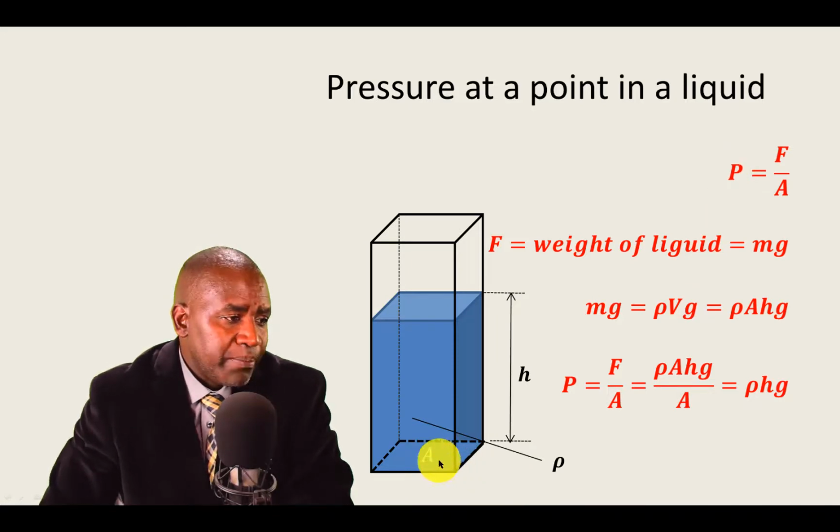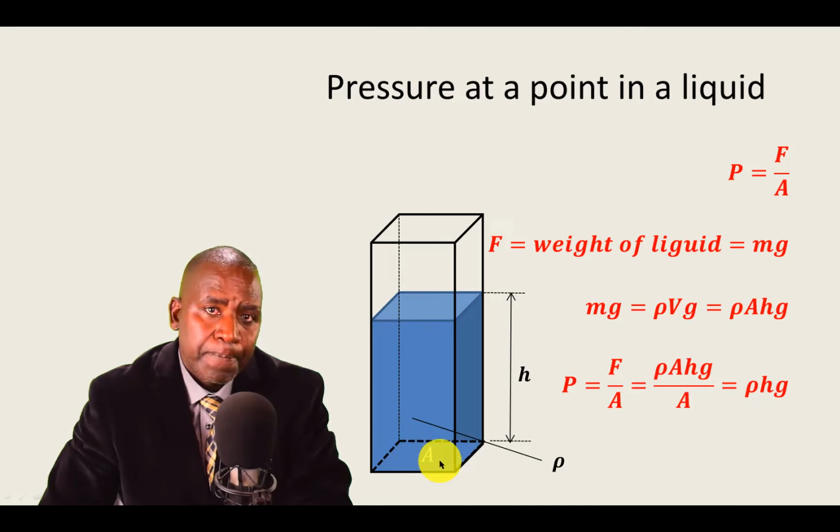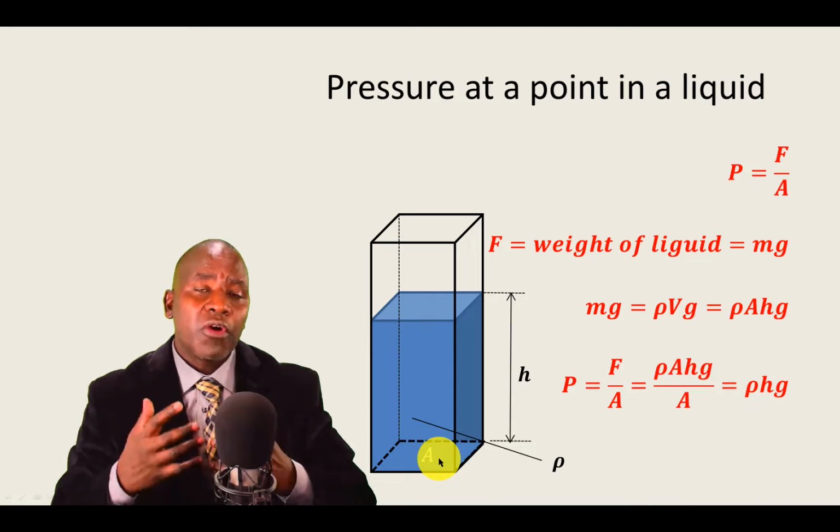So if we look at the bottom of this container here, it's got a liquid up to a depth h. This liquid has got density rho, and the cross-section area at the bottom is A. The amount of force that this liquid exerts on this area is equal to the weight of the liquid.